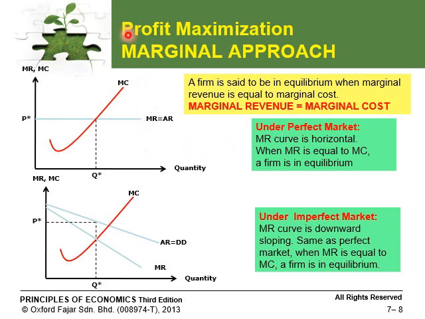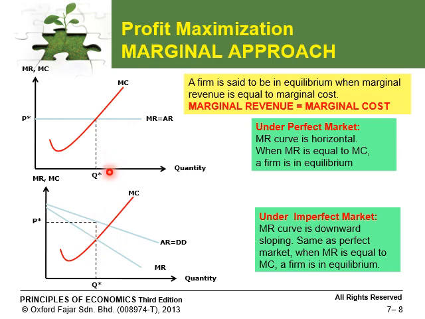In order to find profit maximization, marginal cost must intersect with marginal revenue. The moment marginal cost intersects with marginal revenue, this is the point where the firm or market meets profit maximization.